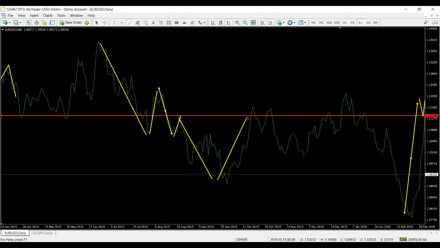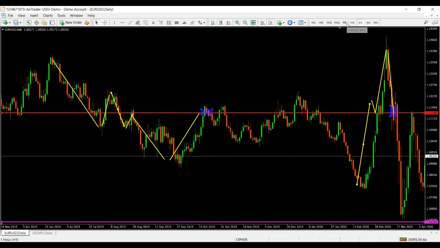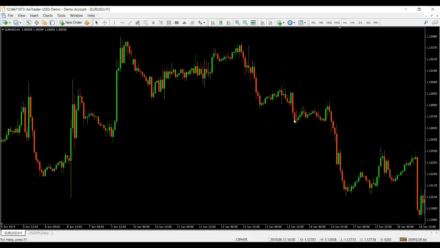So again the price reaches that exact area. This place, the first time, is very much important. When it touches here, the price drops most of the time. Let's even check it in the smaller time frames.